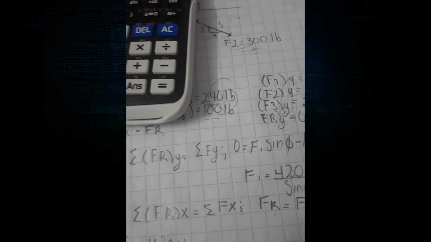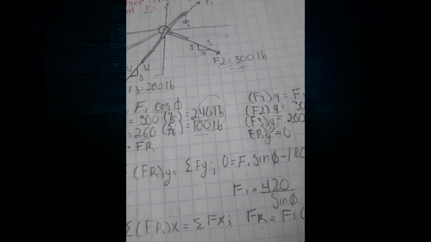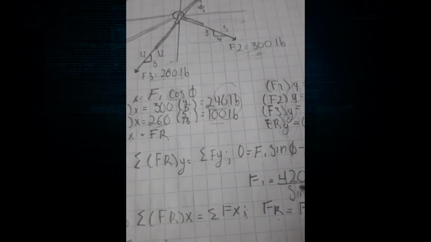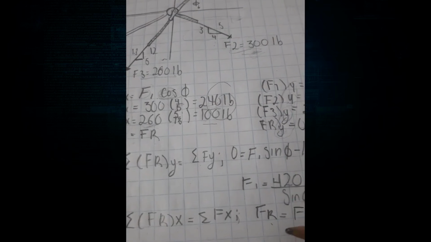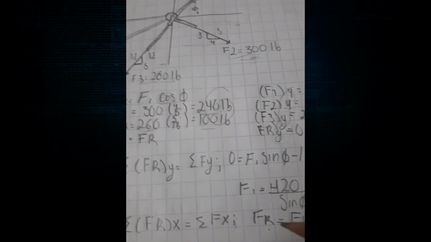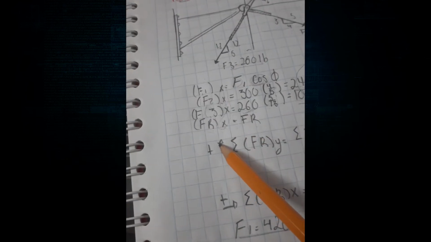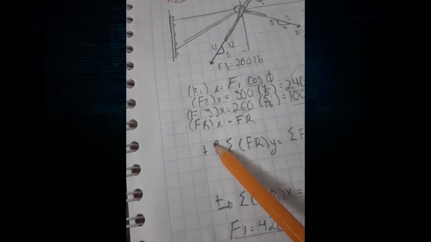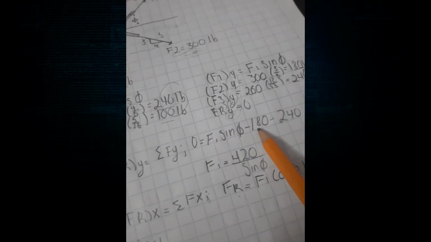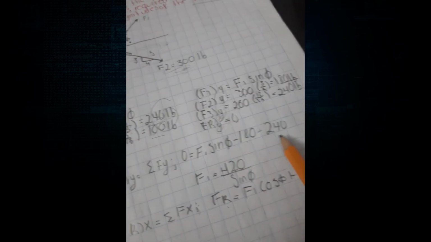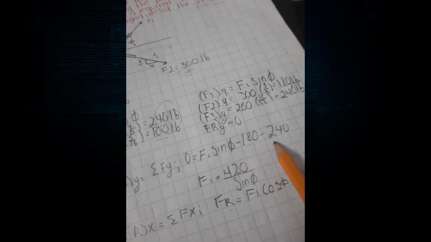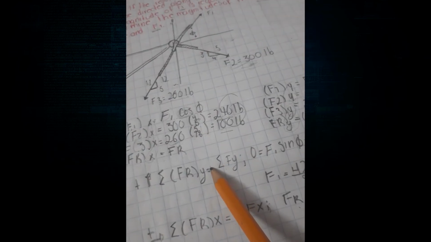The next part is a summation. We need the summation of the force components along the x and the y-axis. We have 118 and 214 for the y-axis.